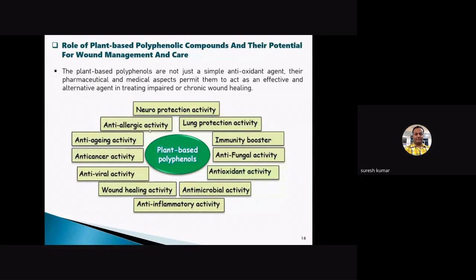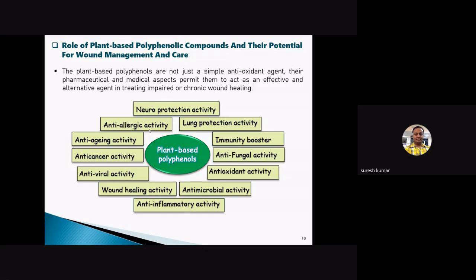So now coming to the topic which I was talking about initially, plant polyphenols play an important role because they are a naturally available material. Generally, for any plant-based polyphenol, there are several reports on antioxidant and pro-oxidant activity, such as immunological, antifungal, antimicrobial, wound healing, antiviral, and anti-cancer activity.